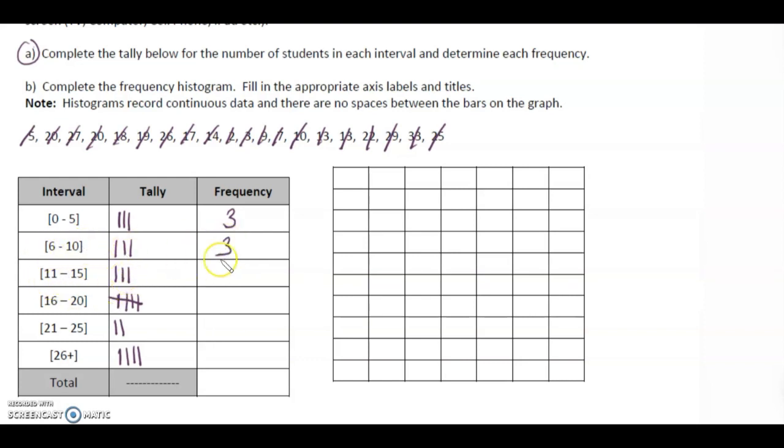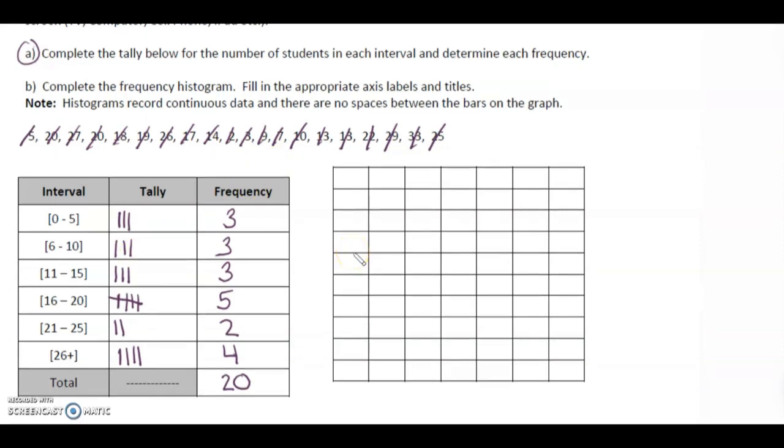From 11 to 15, we get 3. 16 to 20, we get 5. 21 to 25, we get 2. And 26 plus, we get 4. And if we add these all together, we get a total of 20, which makes sense because in the original question, it says that they interviewed 20 students.